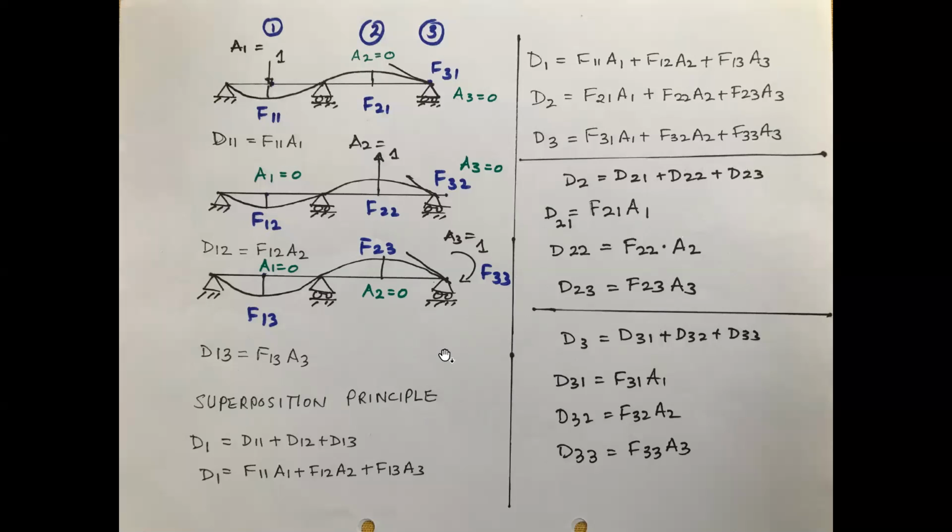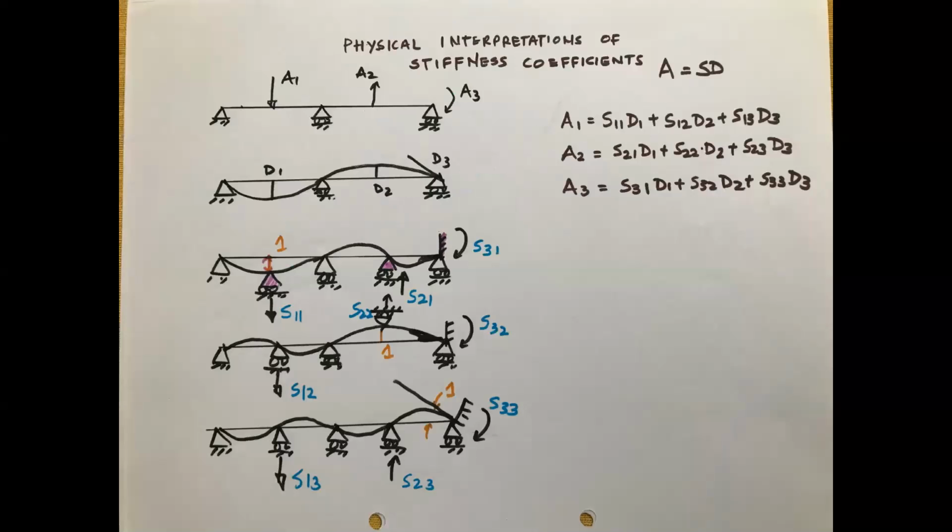I think we are now switching over to the concept of how stiffness coefficients are generated. So let us consider the next diagram with the same loading, where the beam has several supports and is subjected to several loads, A1, A2, A3, and our idea is to generate the stiffness equation.